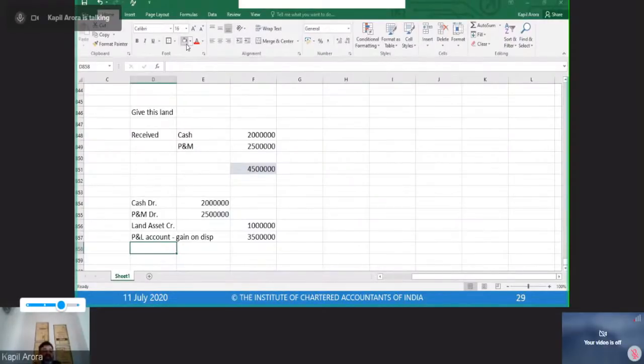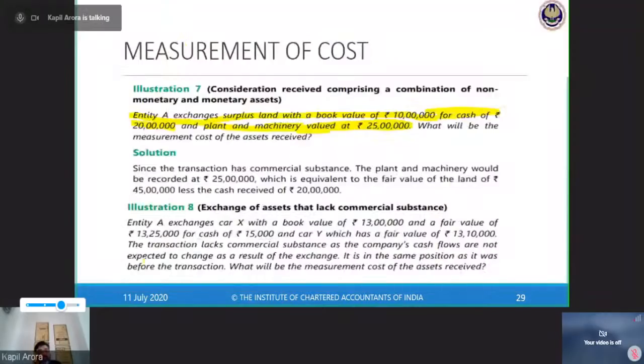Let's look at illustration 8 also. Entity A exchanges car X, book value of 13 lakh and a fair value of 13 lakh 25,000, for cash of 15,000 and a car that has a fair value of 13 lakh 10,000.